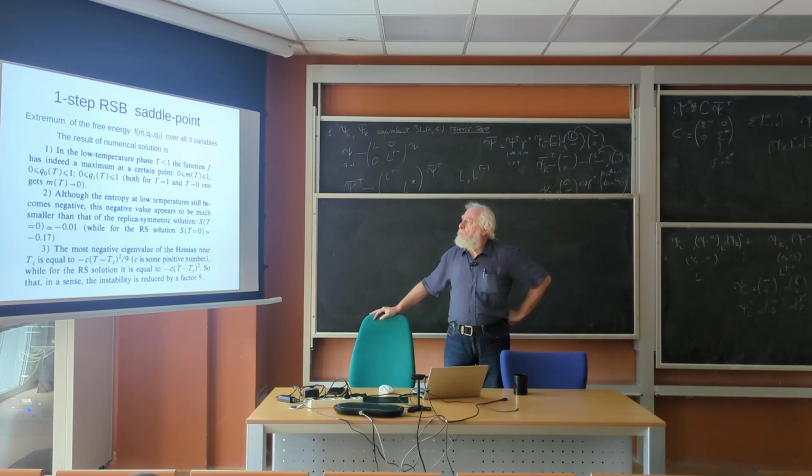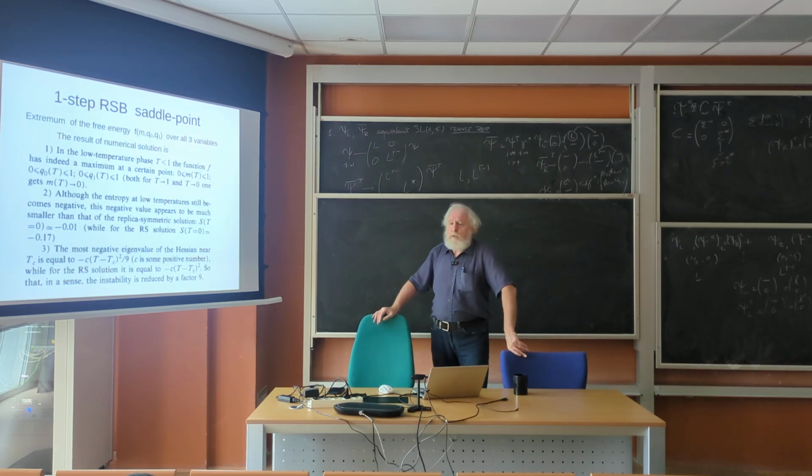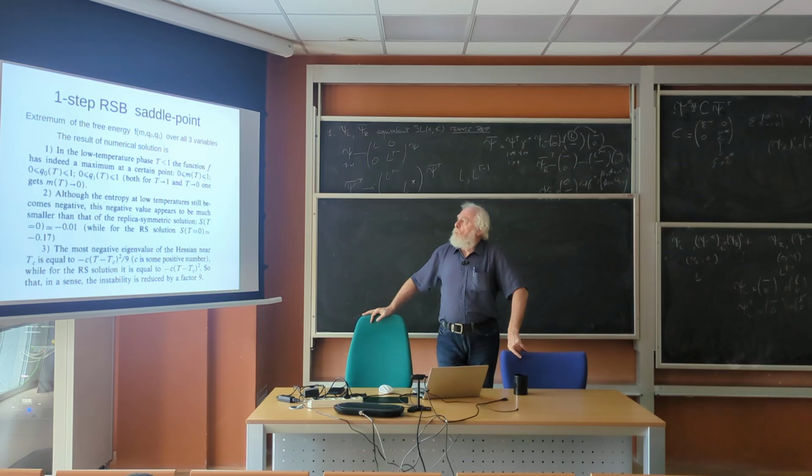So the solution starts from m equal 0 at critical temperature, and in the limit of 0 temperature, again, it goes to 1. Let me mention already at this point that the fact that m starts from 0 at the critical point is a specific feature of the Sherrington-Kirkpatrick model.